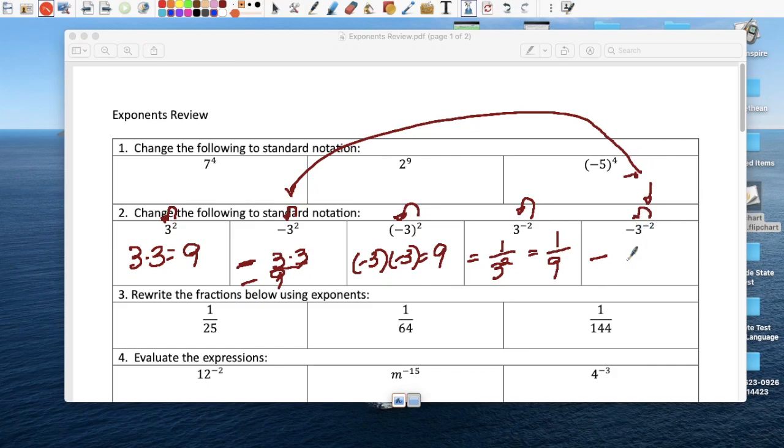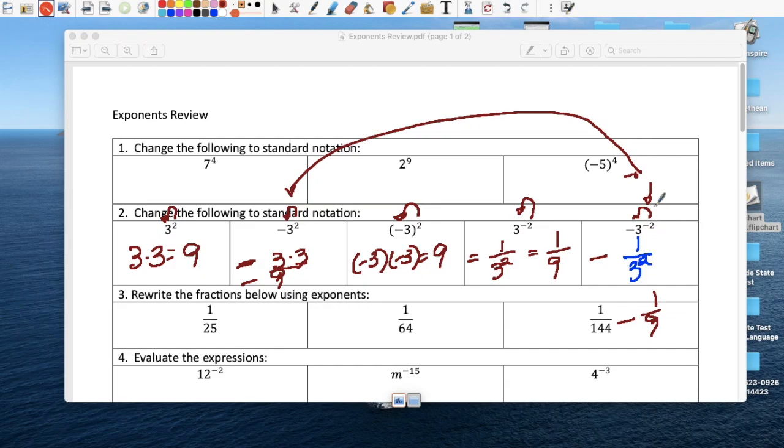And 3 to the -2nd power, I'm going to change to blue, is 1 over 3 to the 2nd, right? That minus sign is still hanging out. So let me go back to red. And then we take care of the blue, and the blue is 1 over 9, because 3 times 3 is 9. So be very, very, very careful.